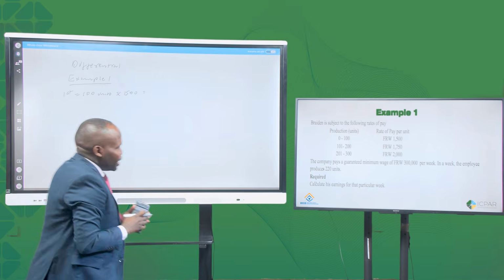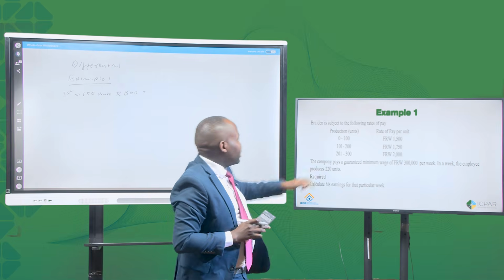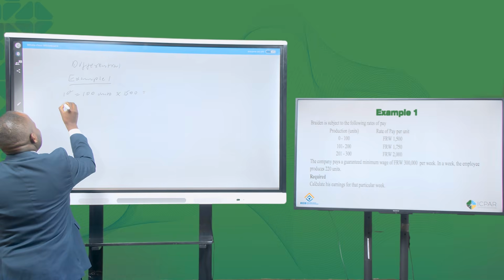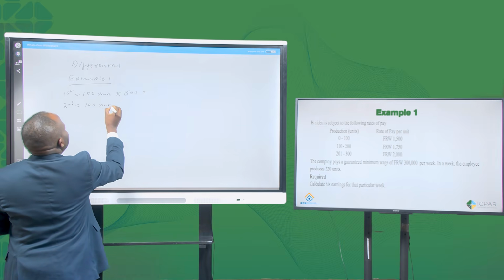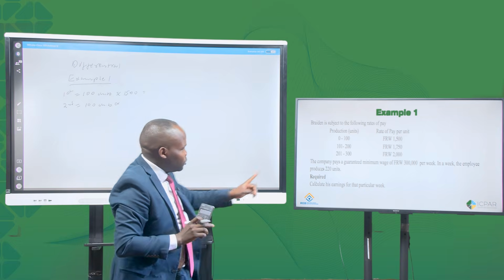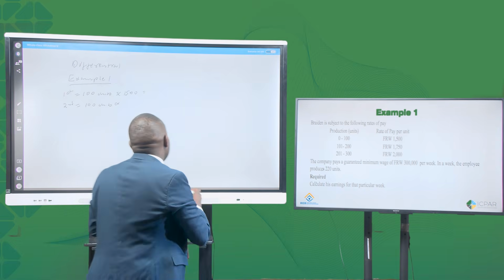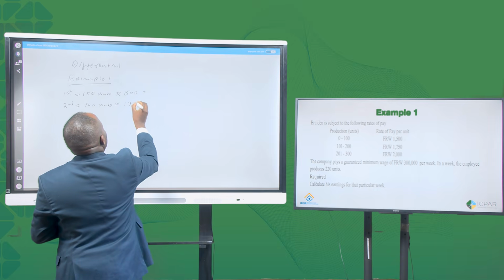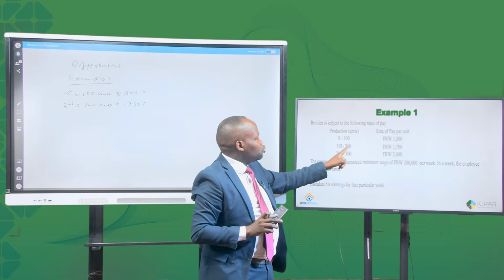1,500. Remember, the total was 220. We have produced the first 100, and then there is now the second 100 units to make it 200. And the second 100 units fall between 101 and 200. It is paid at 1,750. And then there is the extra units above the 200.